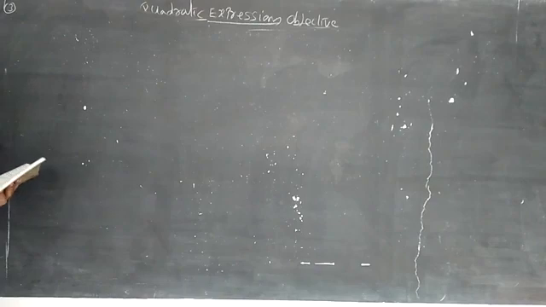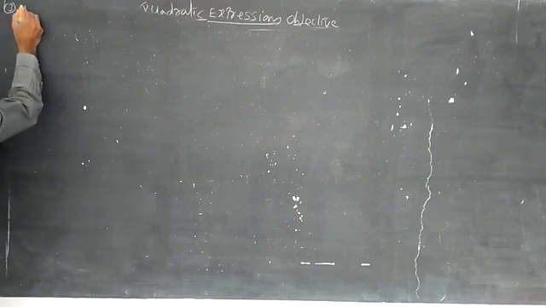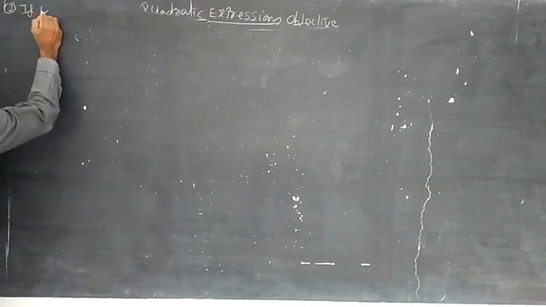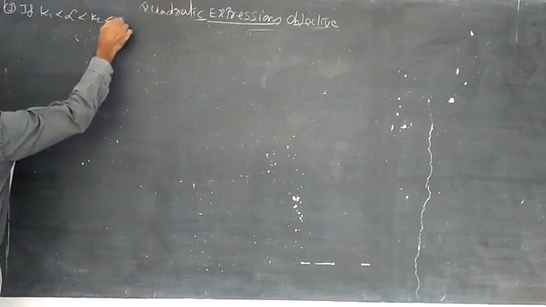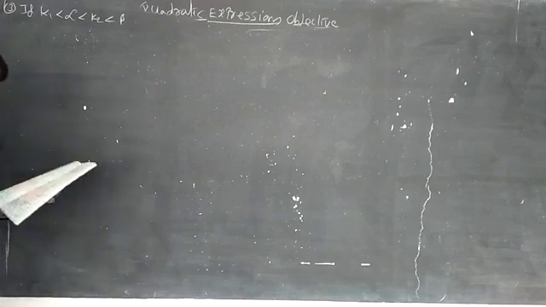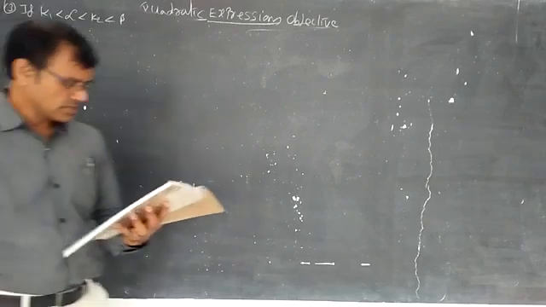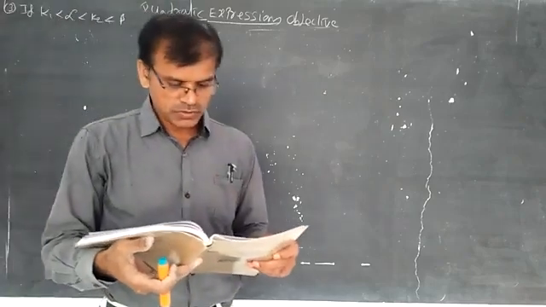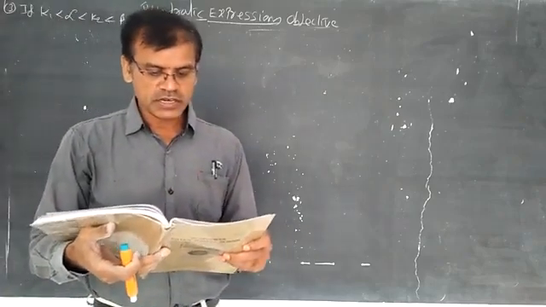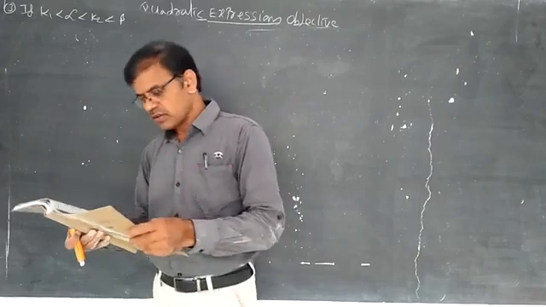Third one, if K1 less than alpha less than K2 less than beta. Of course, it did not give the condition for K1, K2. First condition, exactly one root given.